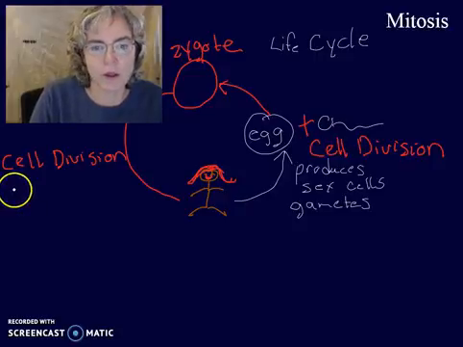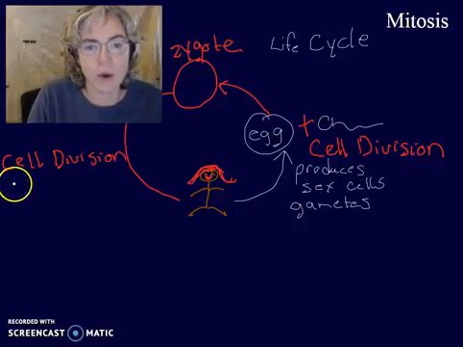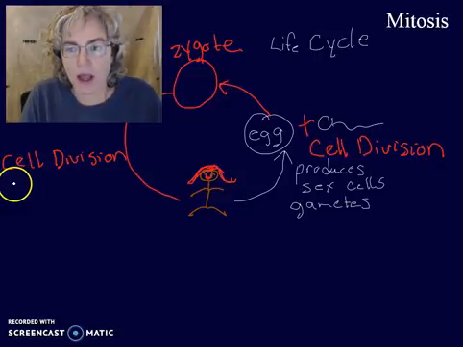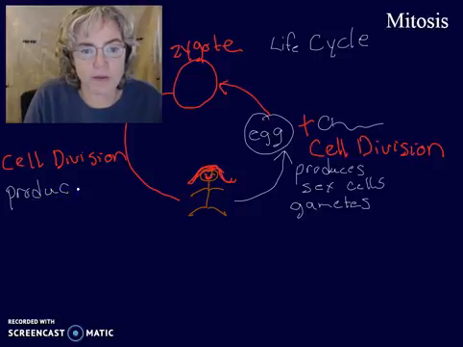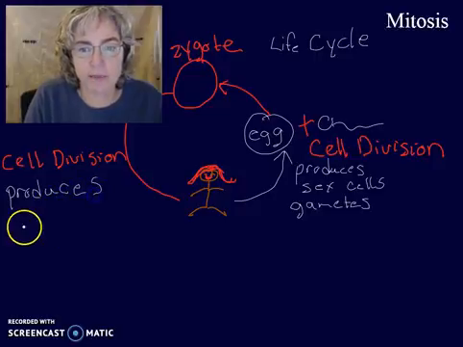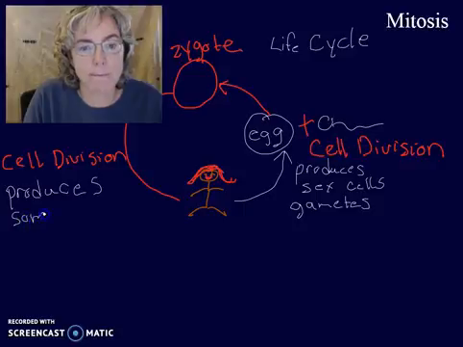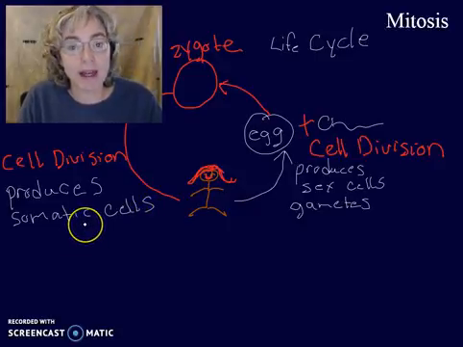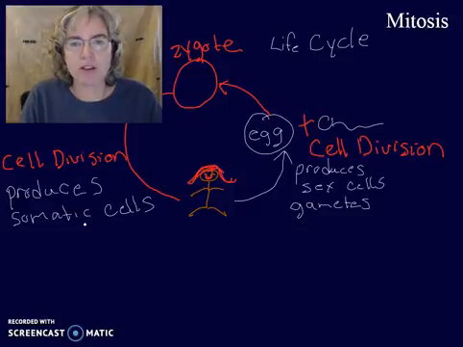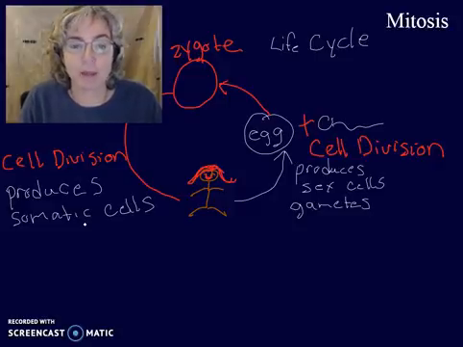And the product, so we want a cell division that produces somatic cells. Somatic cells are pretty much all other cells except for the gametes, the sex cells, the eggs and the sperm.